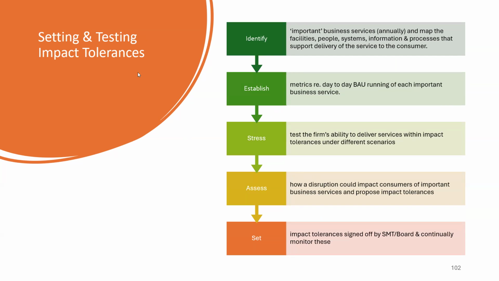How do we set and then test our impact tolerances? Every year, we identify our important business services at least once a year. And we map the facilities, the people, the systems, the information and processes that support the delivery of the service to the consumer. So if we work within a bank that delivers a mortgage product or service, mortgages to consumers, we need to identify the important business services, which is the mortgage product.